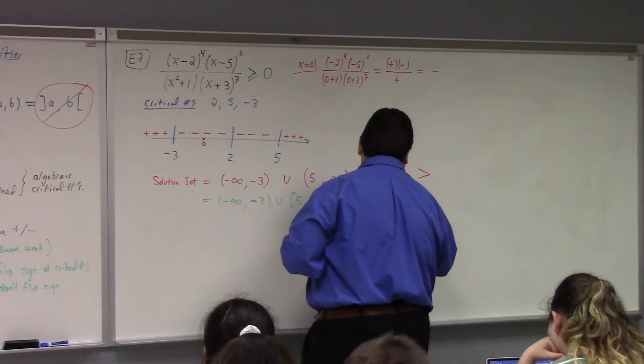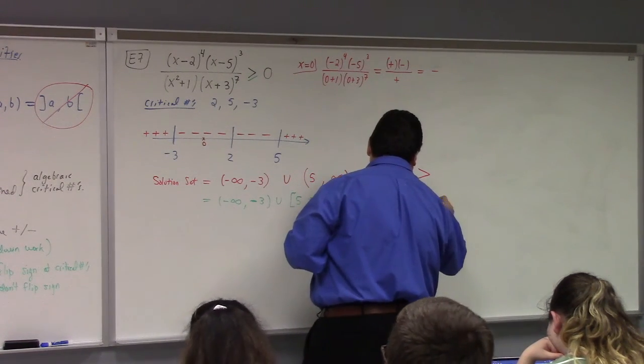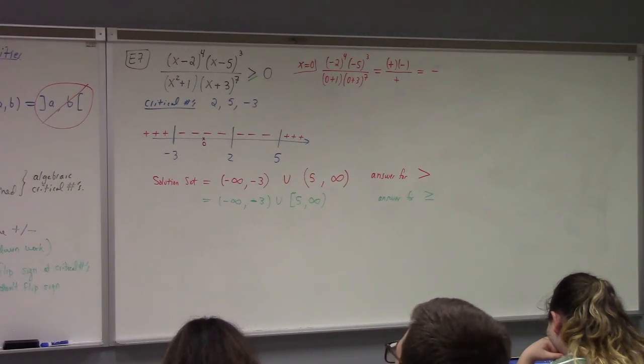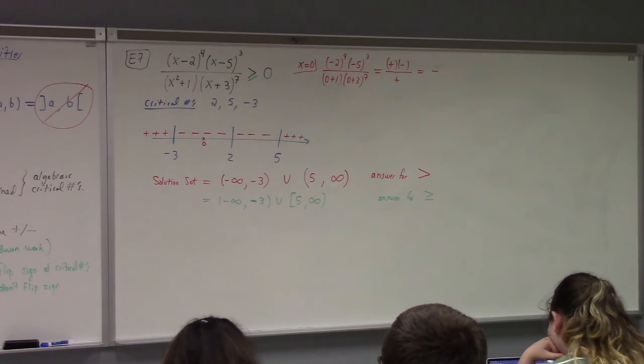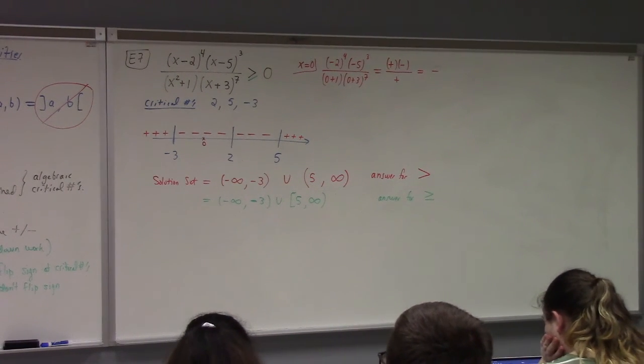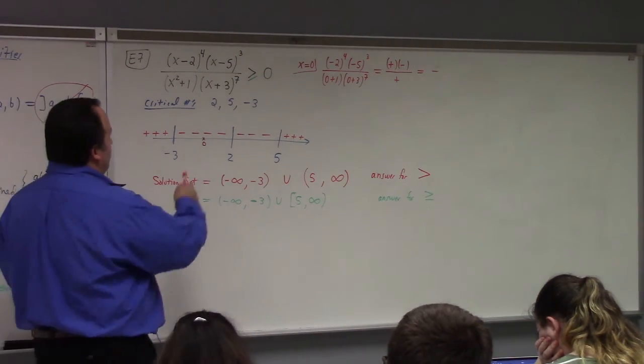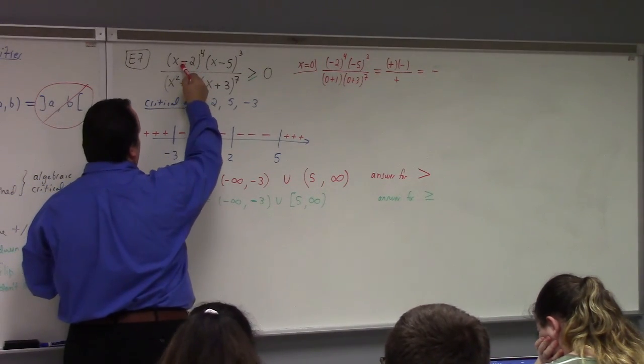But there's something else. How else can we get 0? Two, right? 2 is an answer. See, because if we plug in 2, we get 0.